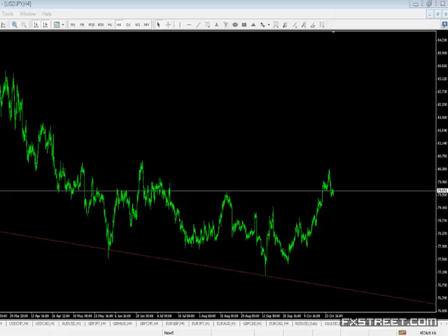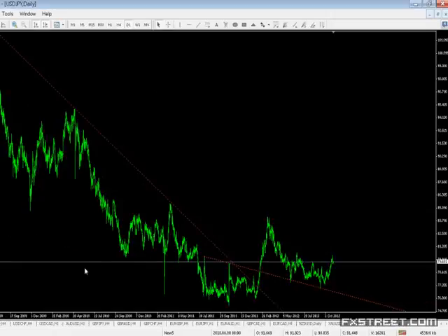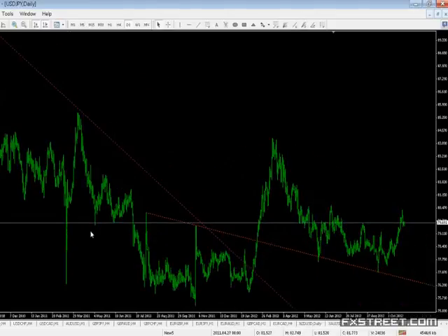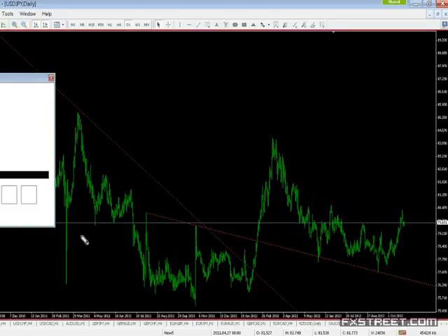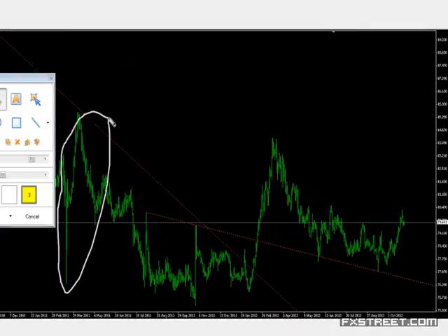I was looking back at the charts of some of the yen crosses going back a little while to when the tsunami struck Japan, and you can see the kind of results that took place at that time on the yen crosses. The kind of volatility that occurred around that time.